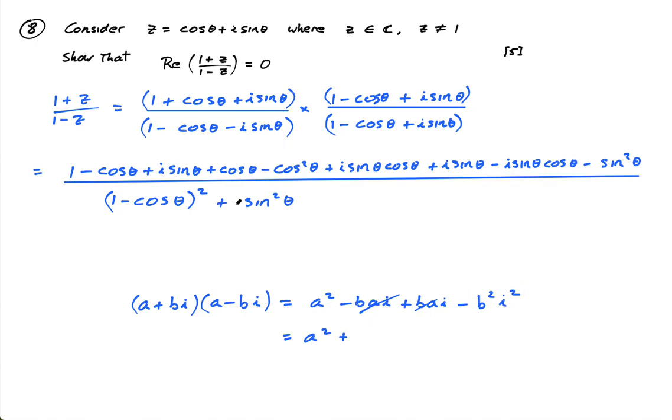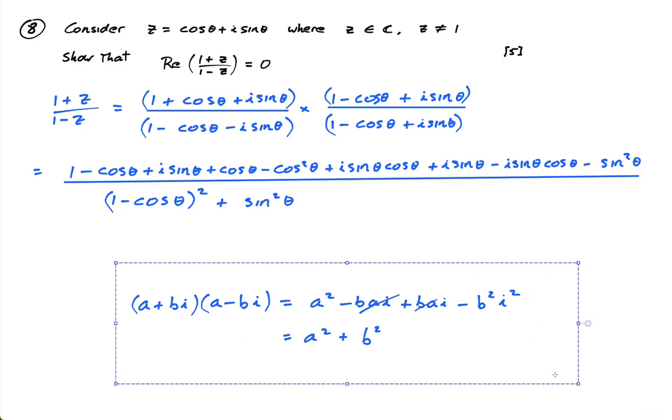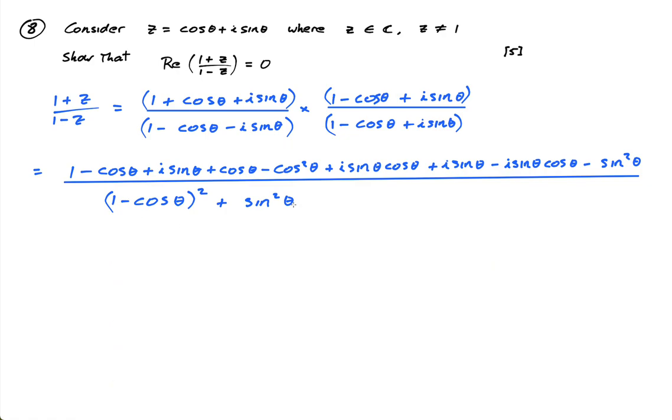That's why this is a plus here. And then the b squared is just b squared, and that's my sine squared. So in this case, a is my 1 minus cos theta, and b is my sine of theta. Okay, I'm going to get rid of that. You don't have to show that. That's just a nice thing to remember. Okay, anyway, that's the denominator.